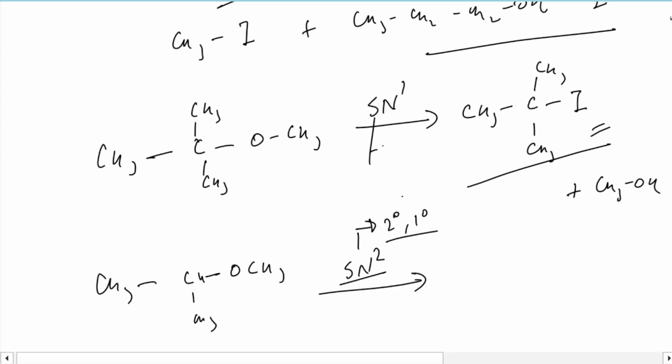And if it's tertiary, allylic, or benzylic, then it will proceed by SN1. Otherwise, if a partial double bond character is there on some bond, if it's vinylic or phenyl, then that bond will not get broken and I negative will attack on some other alkyl group. In that there is no doubt. If it's tertiary, allylic or benzylic, it will proceed by SN1, and if it's secondary or primary, it will proceed by SN2. As simple as that.